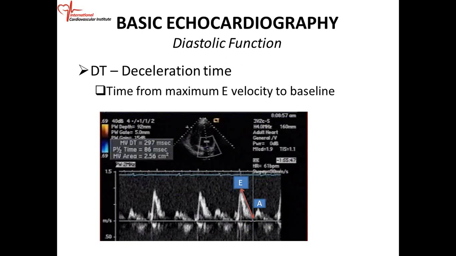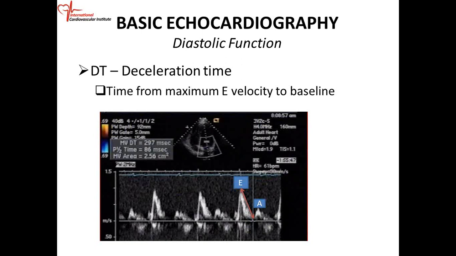The modified Bernoulli equation states that the pressure gradient is equal to 4v squared, where v is the velocity.